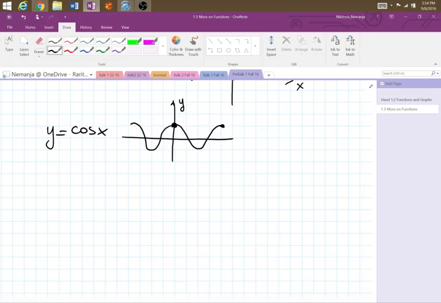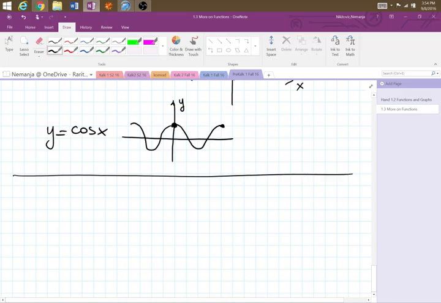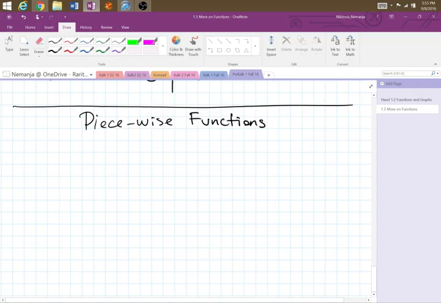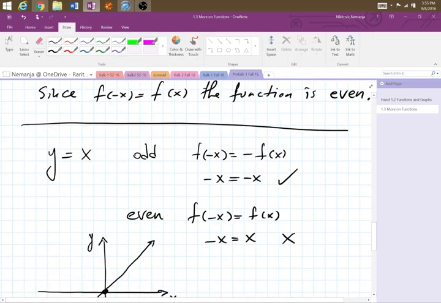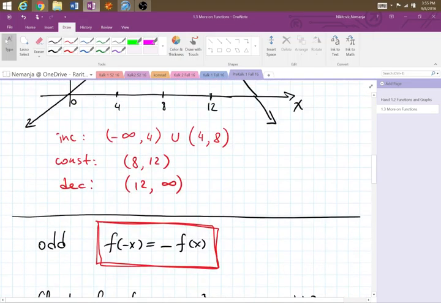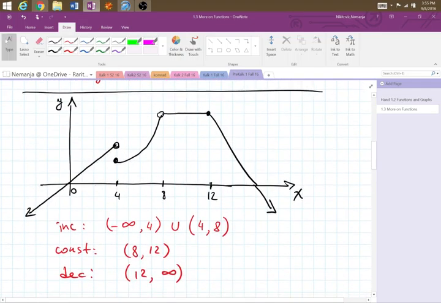So we start first by understanding piecewise functions. I already had the example earlier. I'm going to scroll to show it. So this is a perfect example of a piecewise function.